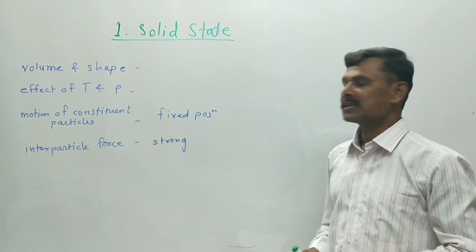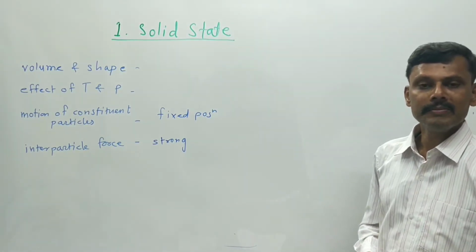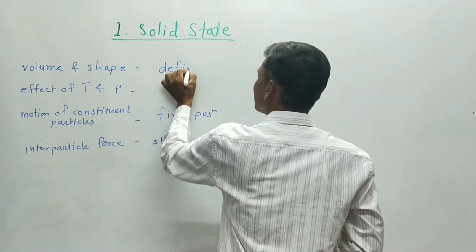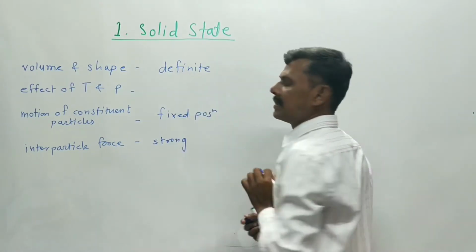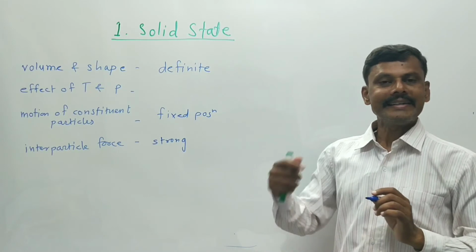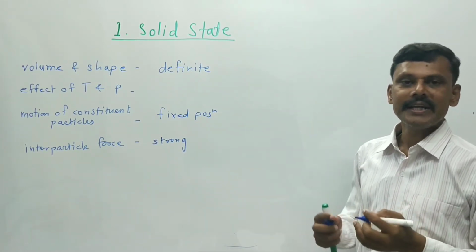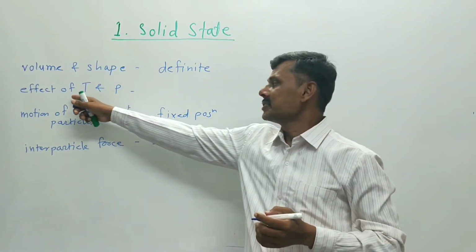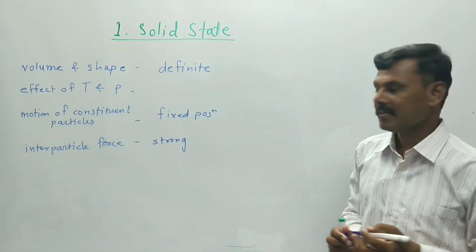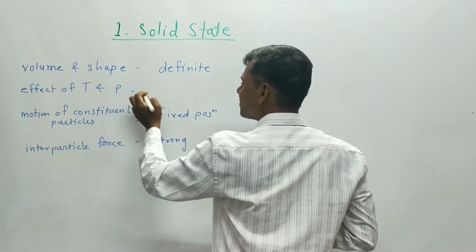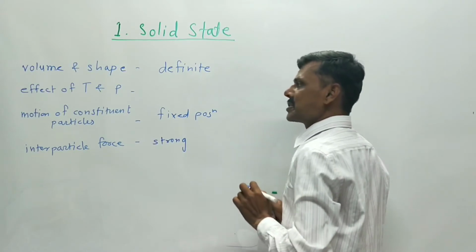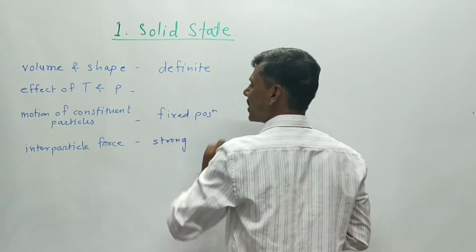Since they occupy fixed positions, their volume and shape are definite. This volume and shape change only slightly with change in temperature and pressure. There is a very small effect of temperature and pressure on the volume and shape of a solid.